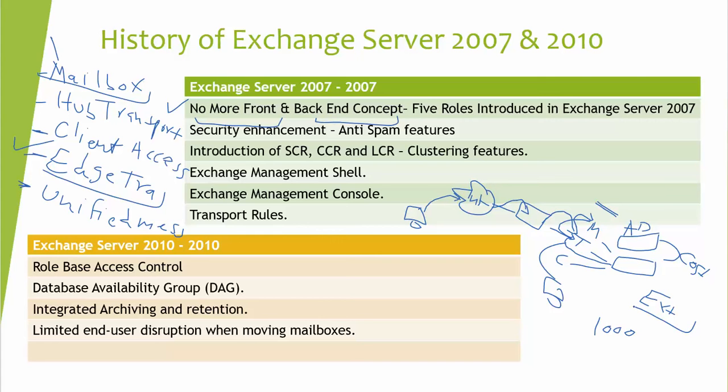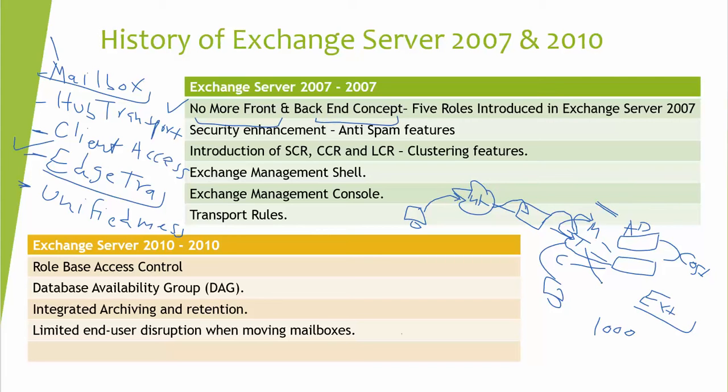So this was the only difference. And with the Hub Transport role, in order to have the anti-spam and antivirus features to do the filtering, you had to install a separate plugin in Hub Transport role. So Microsoft doesn't recommend you to use transport server role as an external email server to do the transportation, but still you can use it, and you could use it at that time.